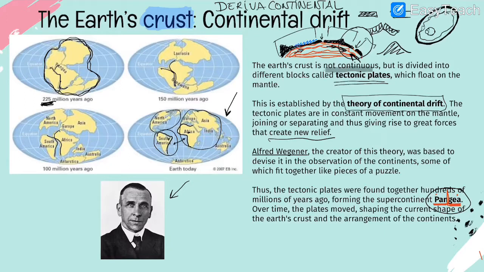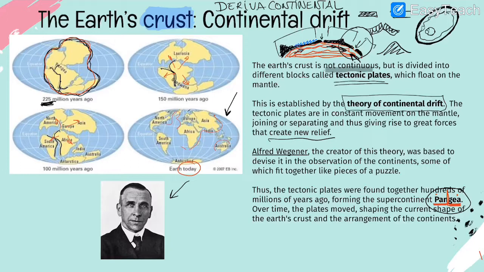And well, this is the idea. At the beginning, all the continents were together and then they started to separate until today, the Earth today. Nowadays, the continents have this shape.